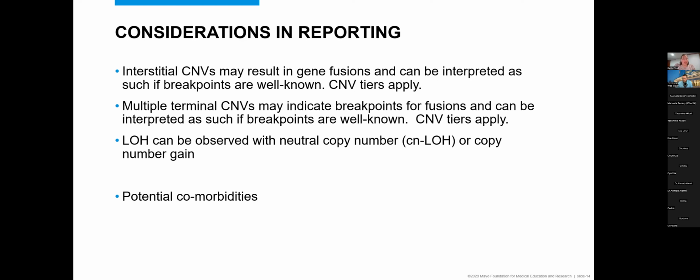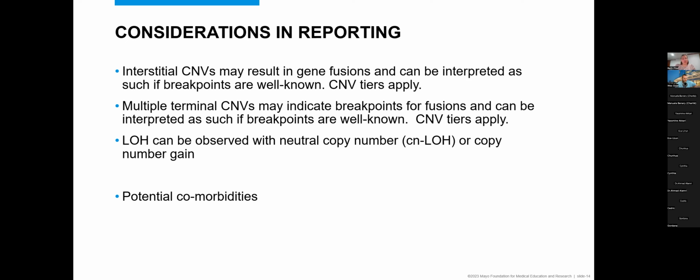And then just every so often, we will see two terminal CNVs, usually one gain, one loss, and we're able to see the genes that are right at the breakpoint and make our best guess, confirm that a fusion has occurred between those two partner genes. And if we're able to do that, we often report those out as well.